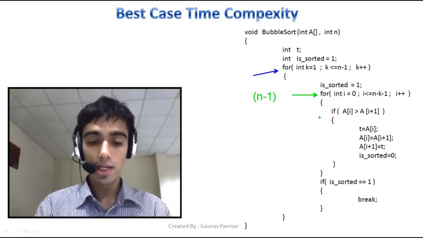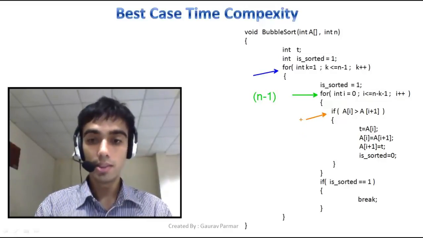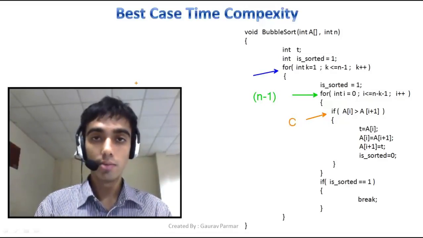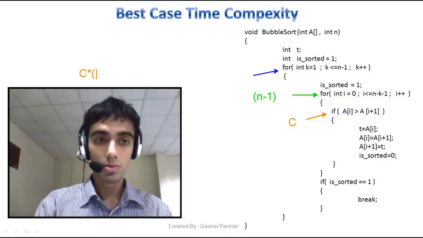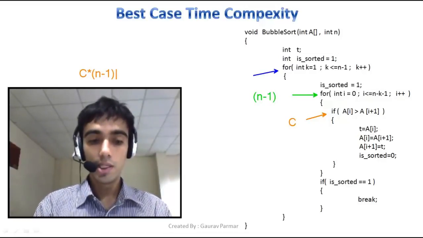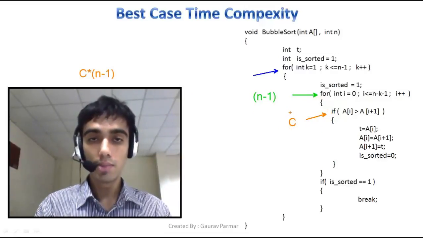If we consider that this if statement takes a constant time equal to c, then the overall time required to run to completion will be c into n minus 1, because the if statement takes a constant time c and this loop will be running for n minus 1 times.